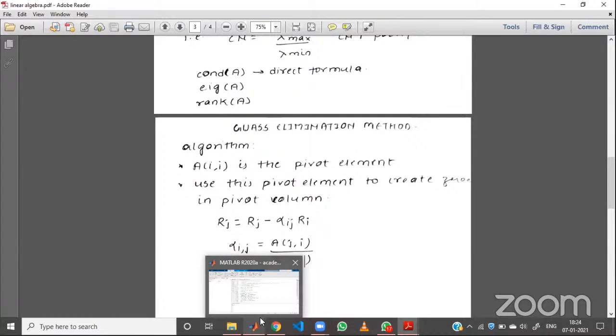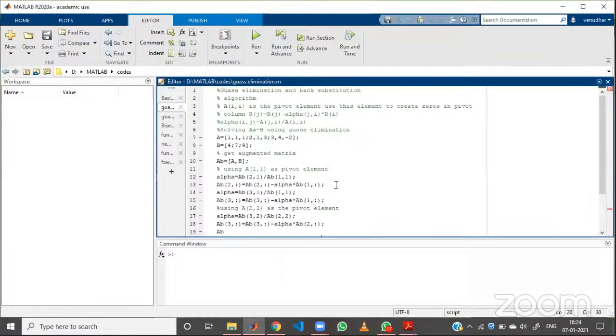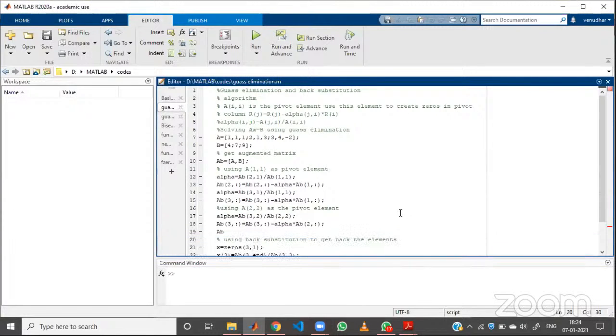I'll share the code of the Gauss elimination method, and I will show how we are doing this.